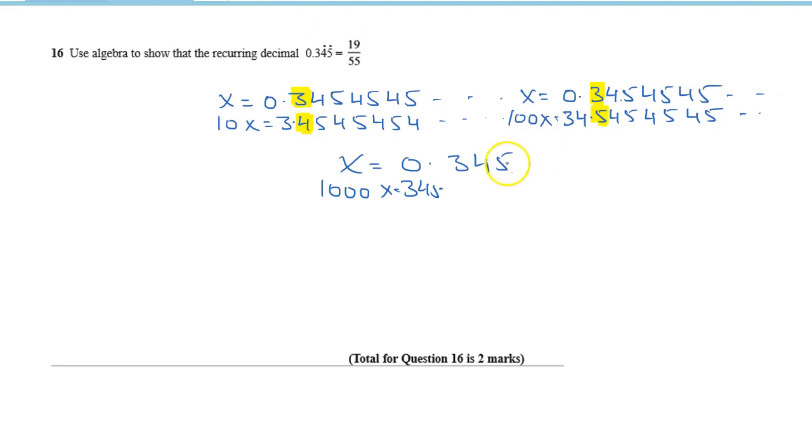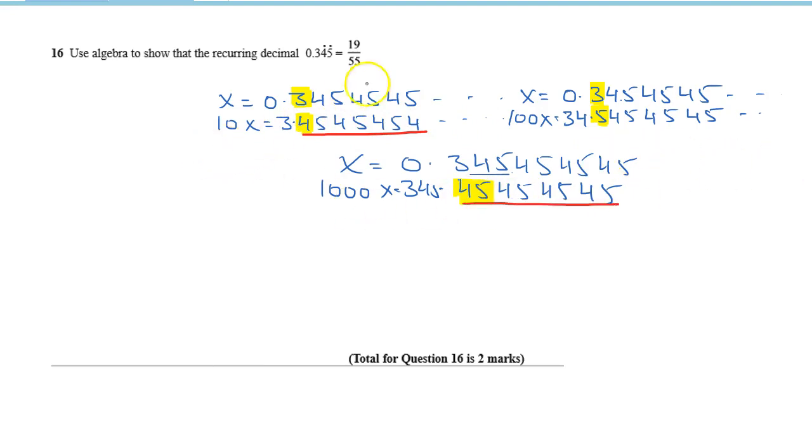So this will be 345.454545. Now if you see this one, after the decimal 0.4545, and here after the decimal 0.4545.